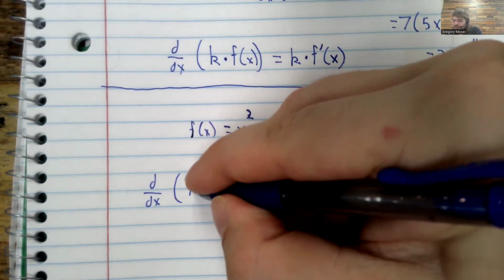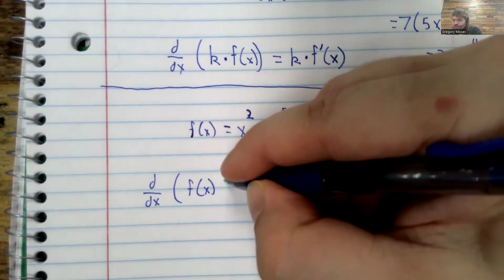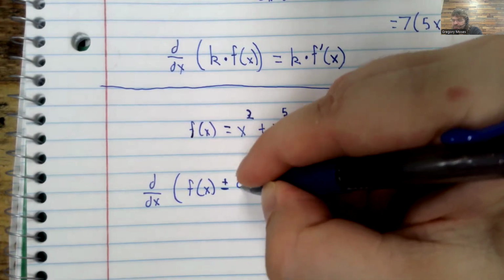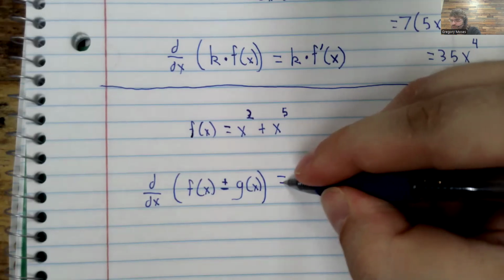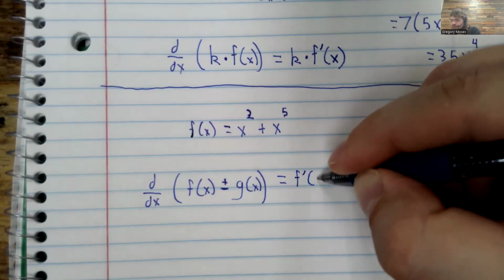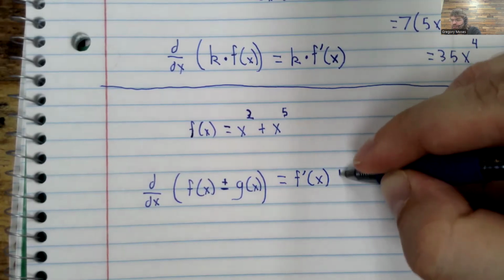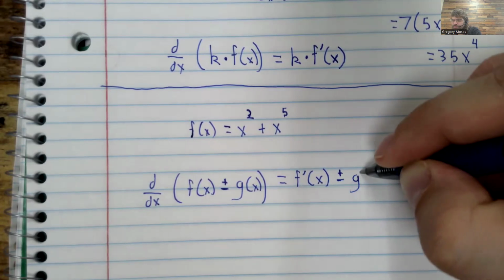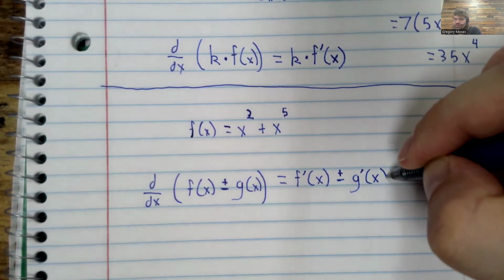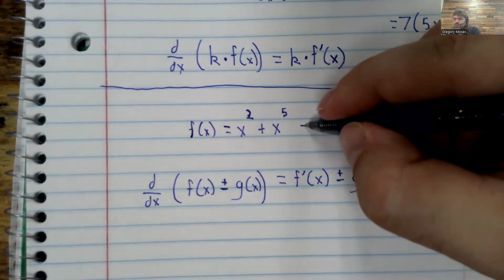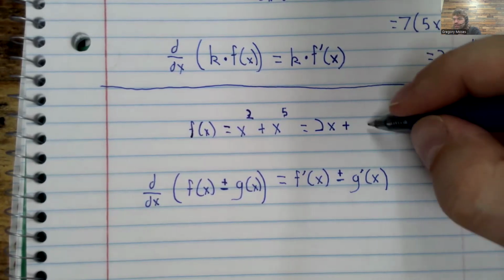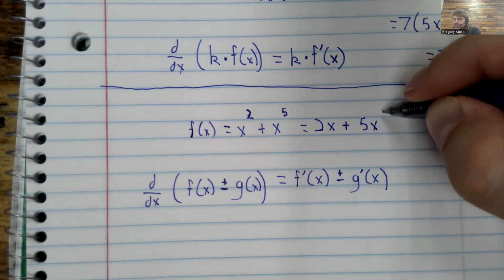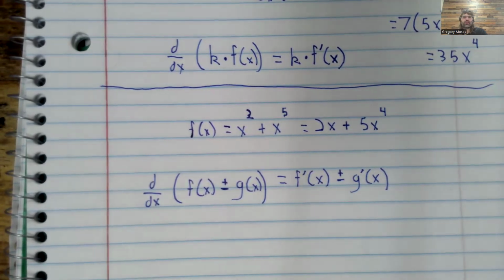The derivative of a function plus or minus another function is just the sum or the difference of the derivatives. So here the derivative of x squared is 2x, and the derivative of x to the fifth is 5x to the fourth, and we just add those together.